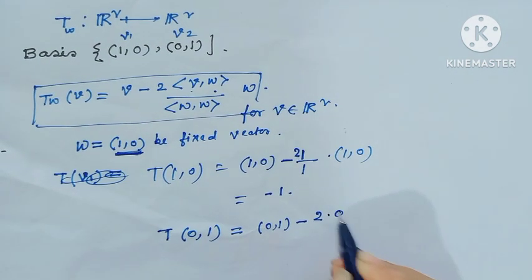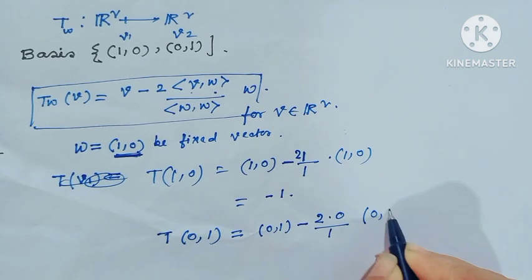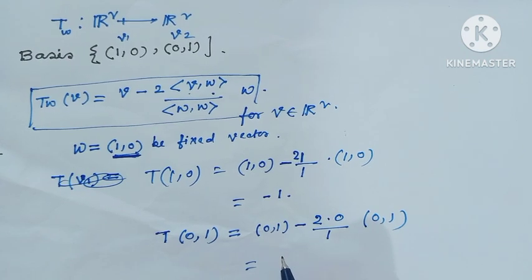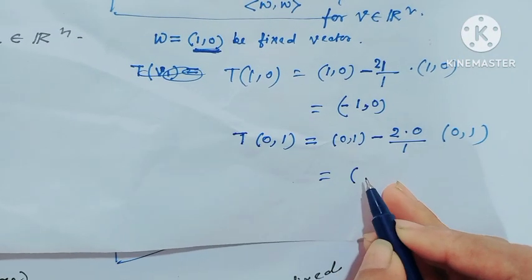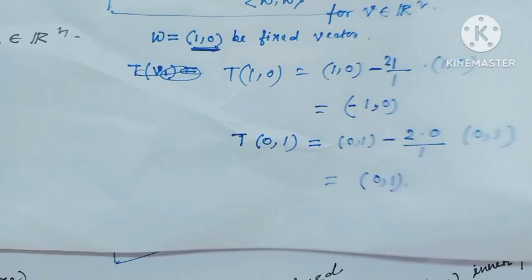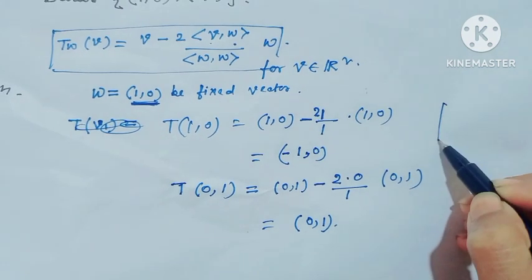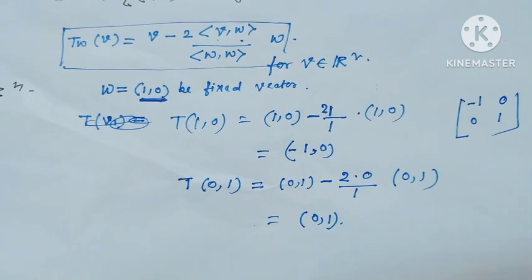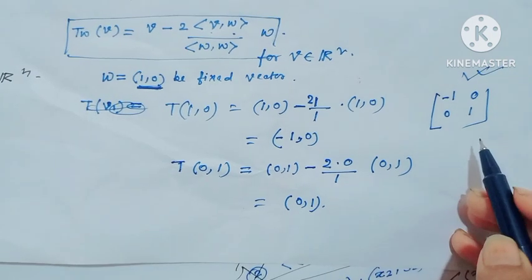This value is 0, and this value is 1, so the result is (0, 1). So with respect to the basis vectors, the matrix representation is [[-1, 0], [0, 1]]. This is the matrix representation with respect to this basis.